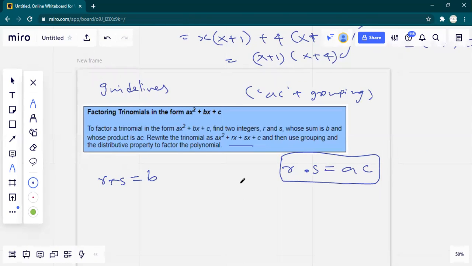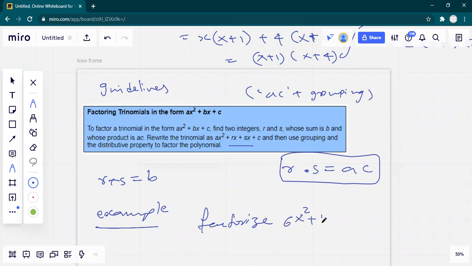Let's start with an example to factorize this general form with integer coefficients and constant term. Factorize 6x squared plus 11x plus 4.